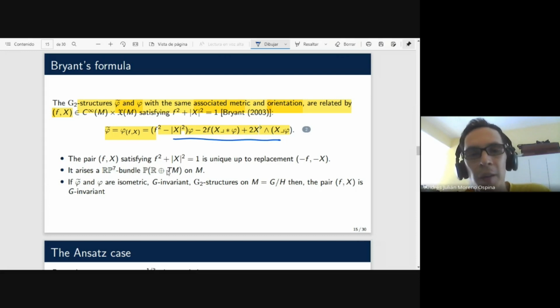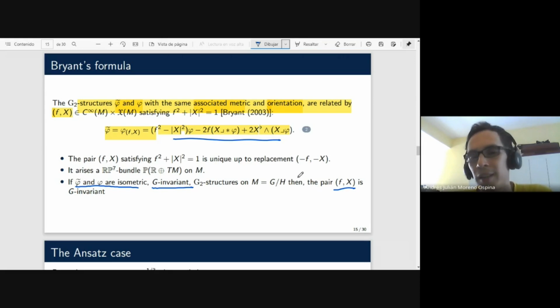And the important thing here is that in the case of invariant G2 structures, if they are isometric, this pair is exactly invariant. It means that f is an invariant function and X is an invariant vector field. An invariant function is exactly a constant function, and you just need to study the invariant vector fields on your manifold if you want to find a solution of the geometric flow.